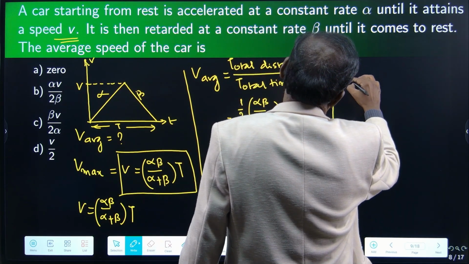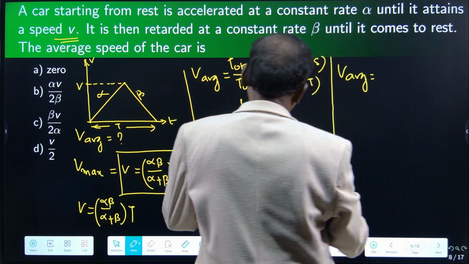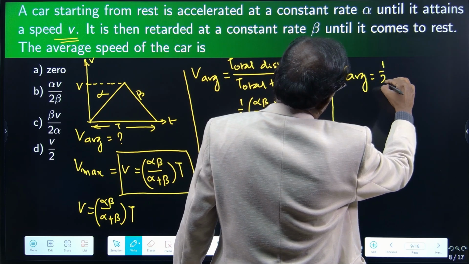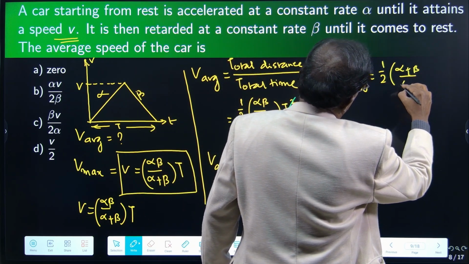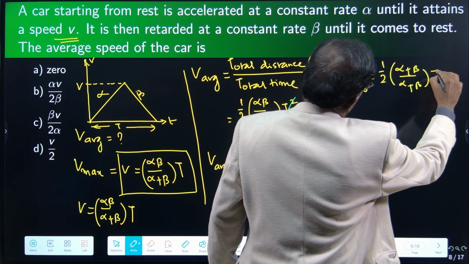So V average is equal to half of alpha beta divided by alpha plus beta into t.